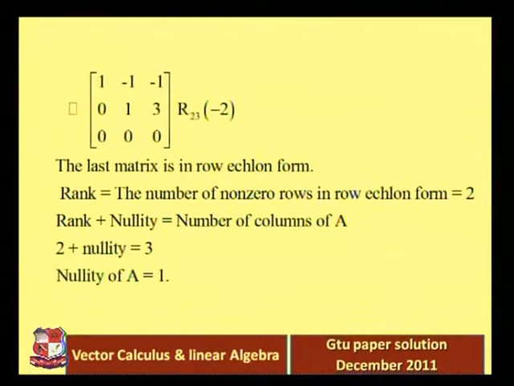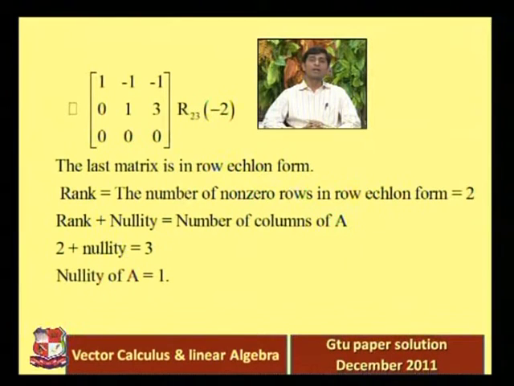Now how do we find the rank? Whatever the matrix, if you want to find the rank of the given matrix, we convert it into row echelon form and count how many non-zero rows there are. That number is exactly the rank.